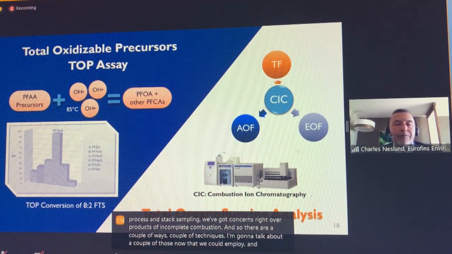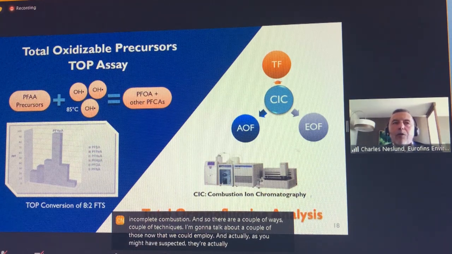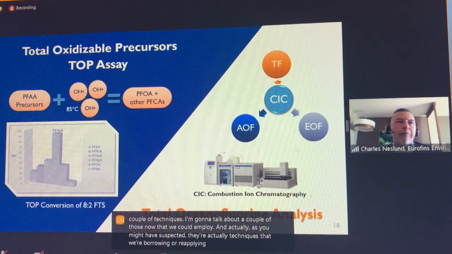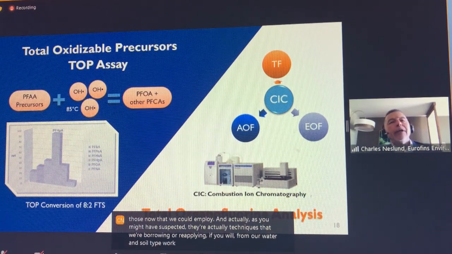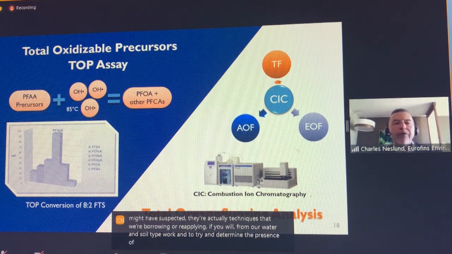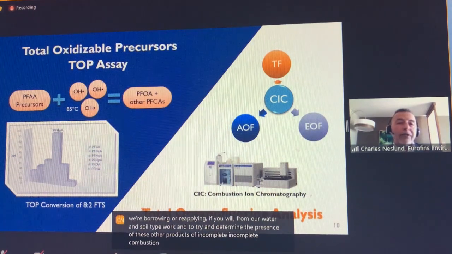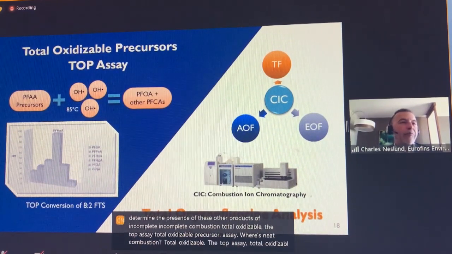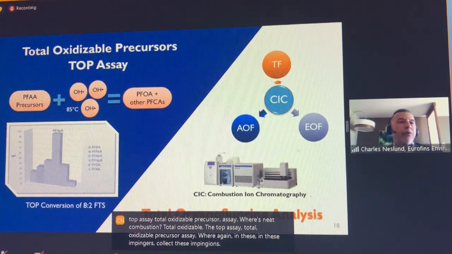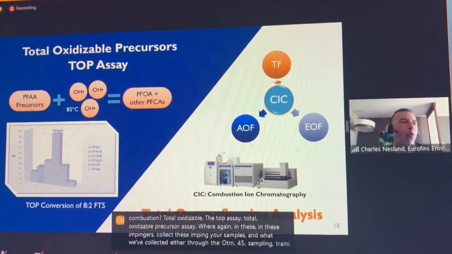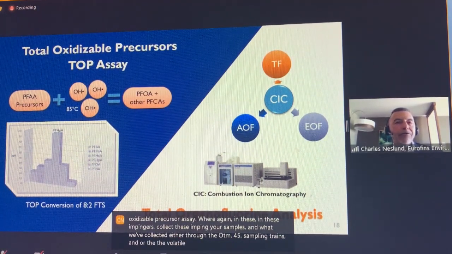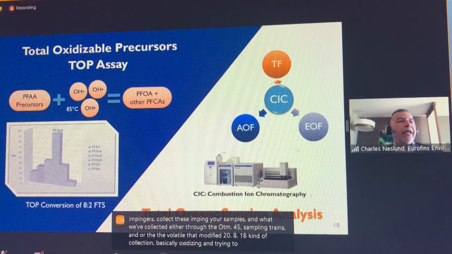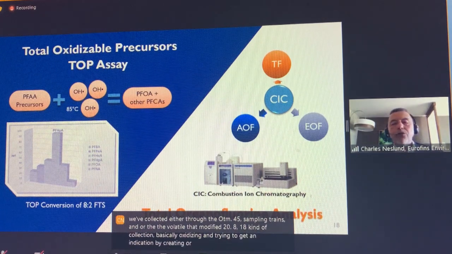As you might have suspected, they're techniques that we're borrowing, or reapplying, from our water and soil work. To determine the presence of these other products of incomplete combustion, there's the total oxidizable precursor assay, the TOP assay, where we collect these impinger samples, from either the OTM 45 sampling trains or the volatile modified TO-18 collection, and basically oxidize them to get an indication by forming the perfluorocarboxylic acids.